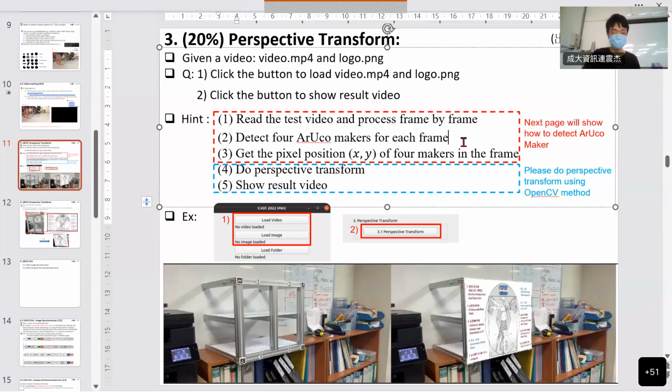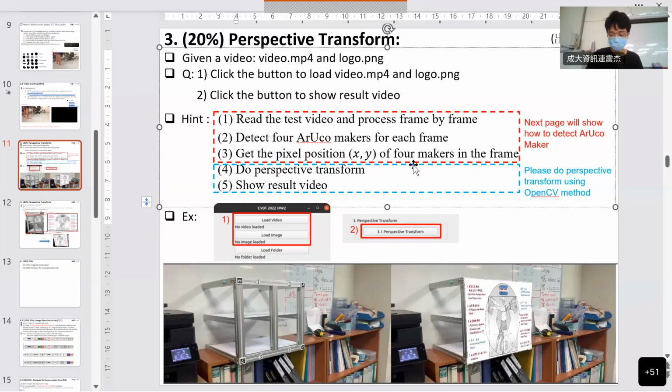Get the position X, Y for each ArUco code marker.